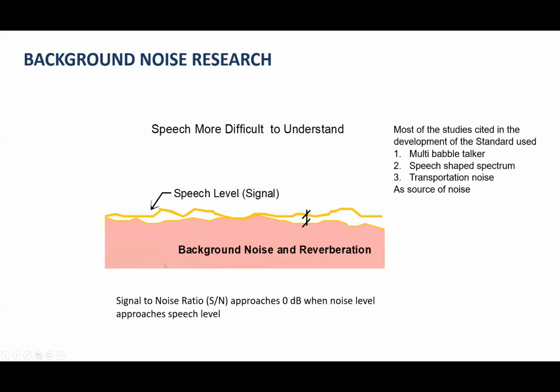However, when we have background noise that's too high, whether it's from HVAC noise, or from a noisy site with airplanes passing overhead or trains passing, sometimes this ratio between your sound source signal and your background noise signal shrinks, and you get a lower signal to noise ratio. When that happens, it has been found to be more difficult for students to hear and comprehend.